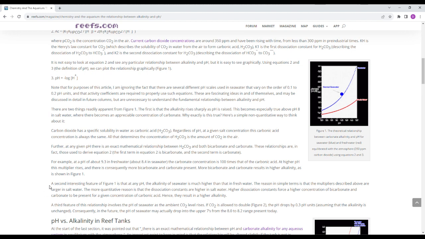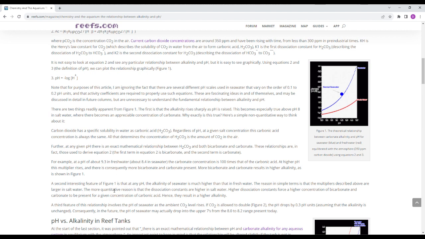A second interesting feature of figure 1 is that at any pH, the alkalinity of seawater is much higher than that in freshwater. The reason in simple terms is that the multipliers described above are larger in salt water.